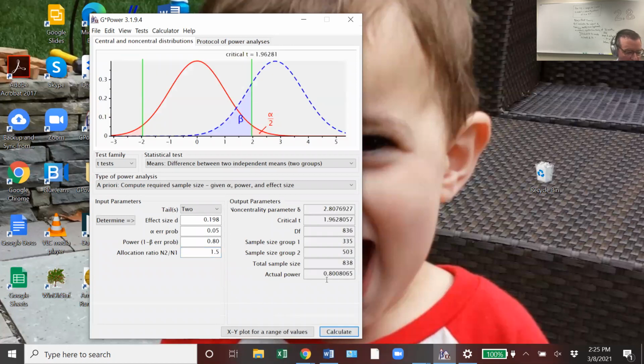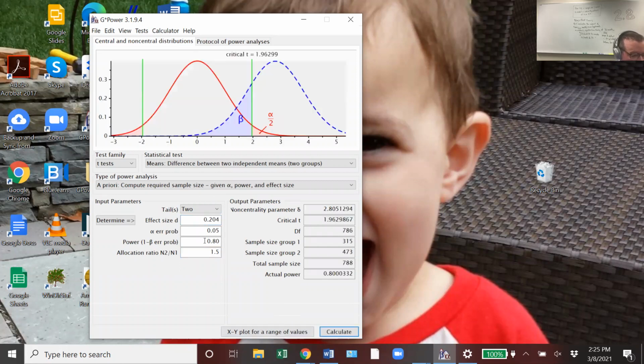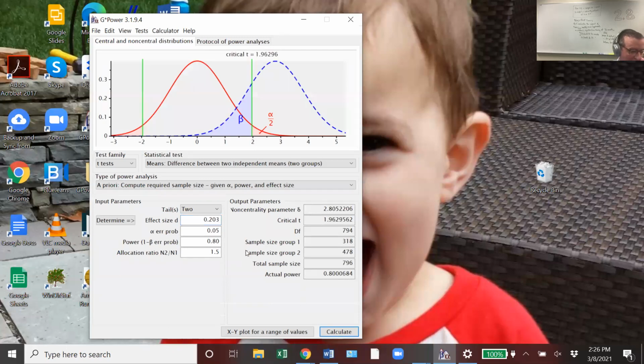All right, so now 800 isn't going to do it. And we can play around to see how much this increases. I think it's 204. Maybe 203. All right.